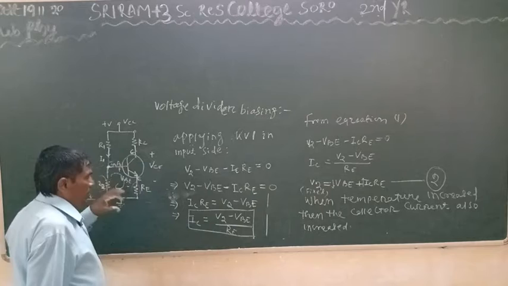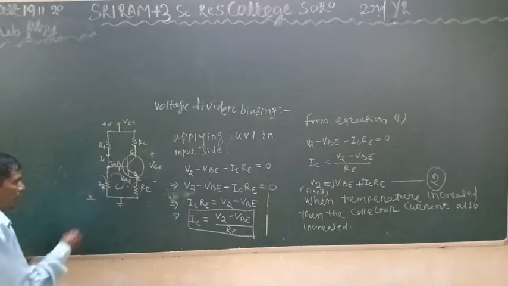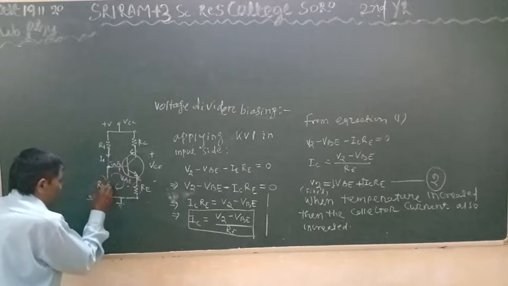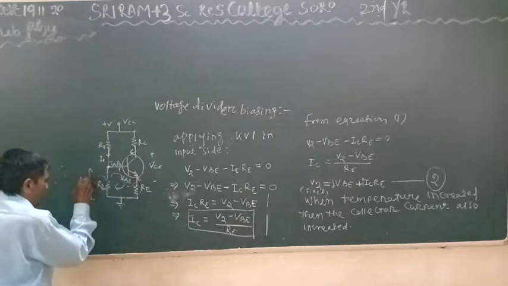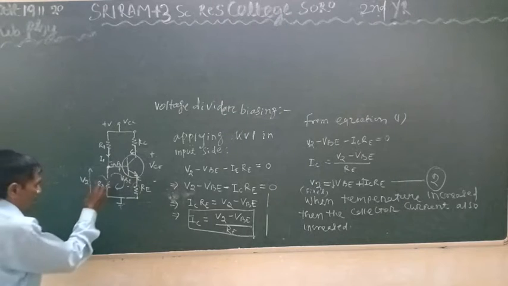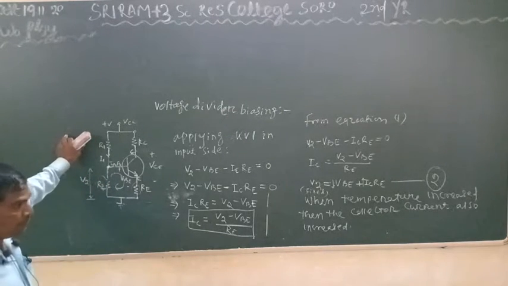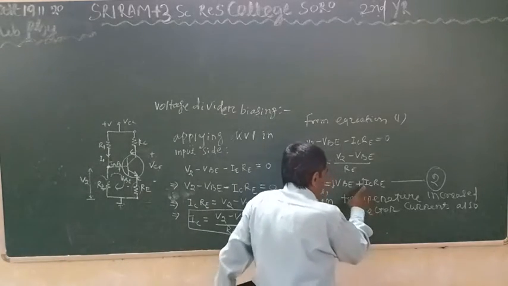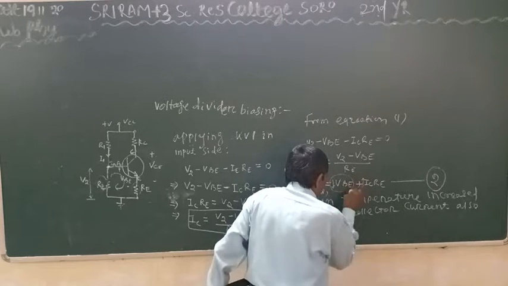From the diagram, this is R2. The voltage drop across it is known as V2. The value of V2 is fixed, because the value of R2 is fixed. Now V2 is fixed, IC is increased, then VBE decreased.